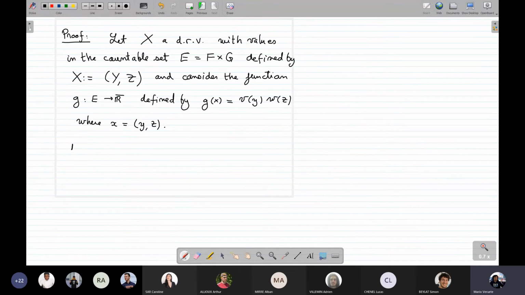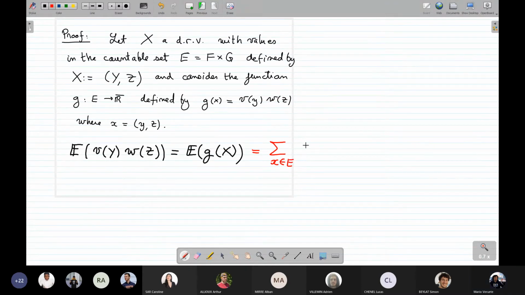I have that the expectation of the complicated thing, which is V of Y times W of Z, is now very simple because this is just the expectation of g of X. And by definition of the expectation, this is equal to the sum for all the x in E of g of x times the probability that X equals x.